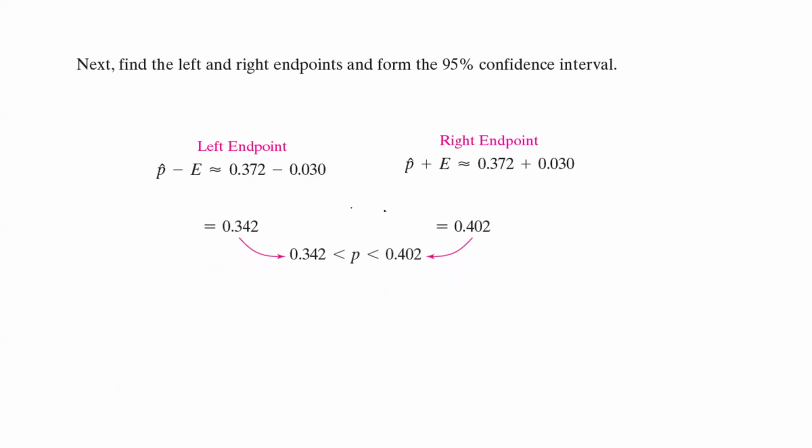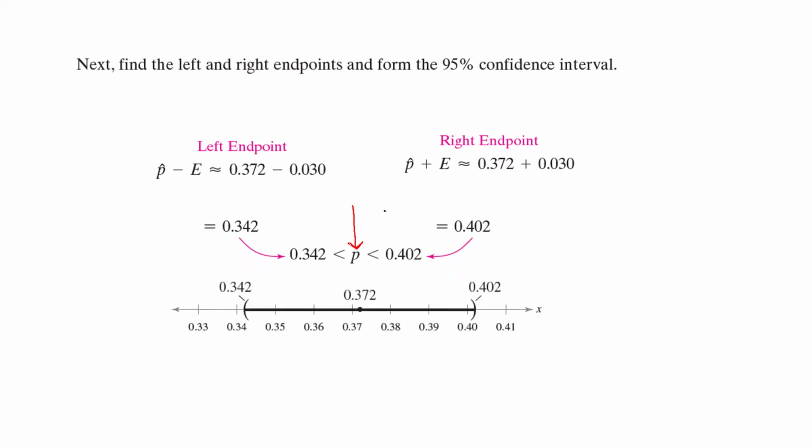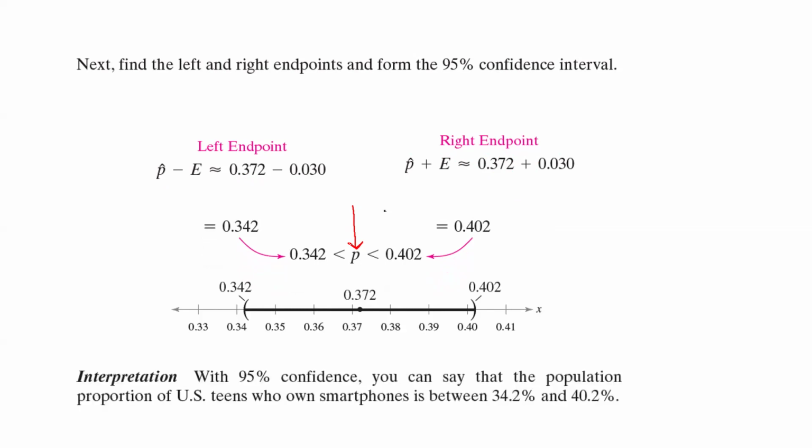After doing the calculation, we can say that we are 95% confident that the proportion of US teens who own smartphones is in between 34.2% and 40.2%. Again, this data is probably very old because the percentage that they show might not capture the true population proportion.